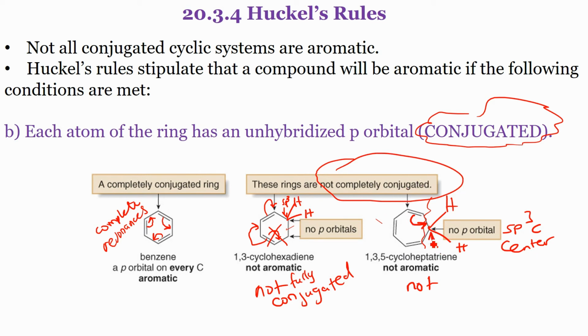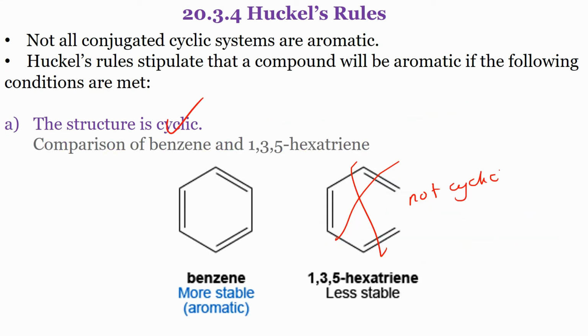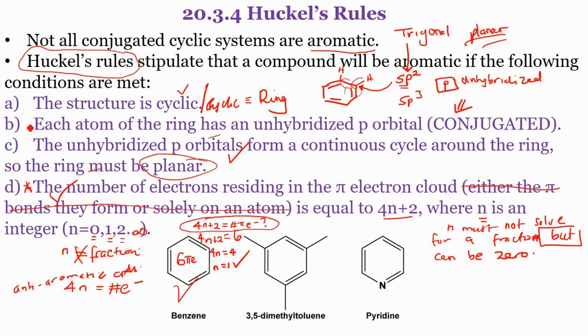This sp3 carbon breaks the conjugation. So again, this is not aromatic, but specifically we're going to label it as non-aromatic. Non-aromatic structures fail at least one of the first three rules. It could be one or more.